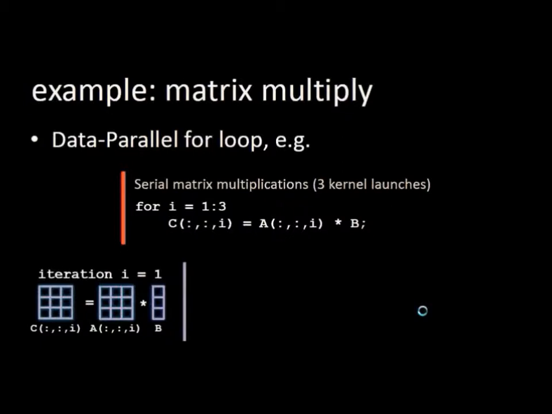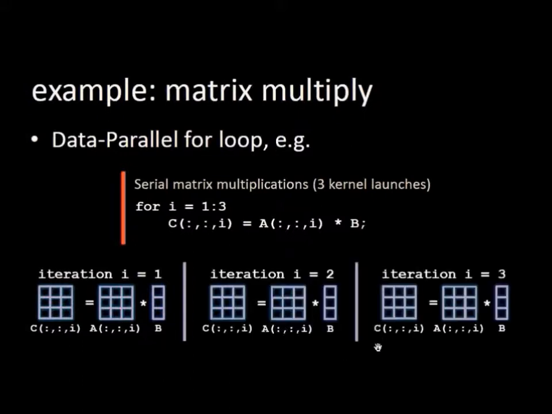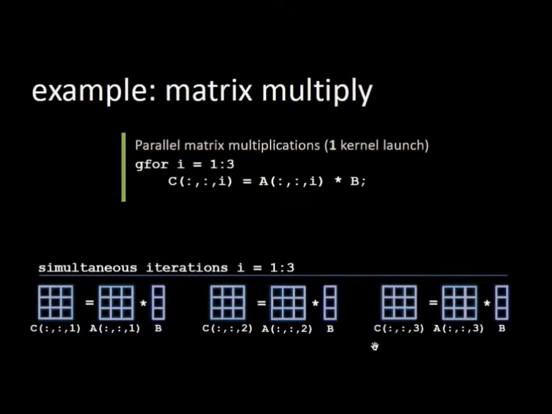So looking at the serial case, what it's doing is sequentially going through iteration 1, performing iteration 1's matrix vector multiply, then iteration 2, and iteration 3, all happening sequentially. With gfor, we're going to do all 3 of these computations in 1 pass.